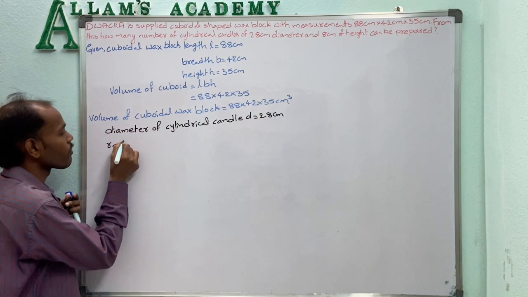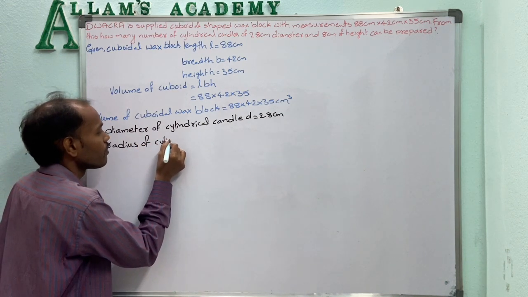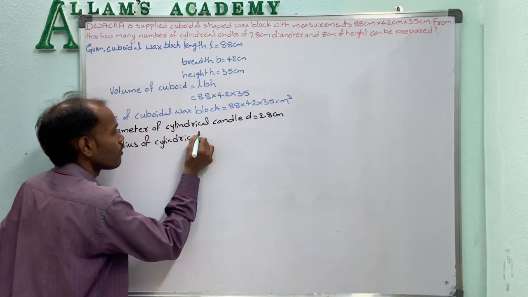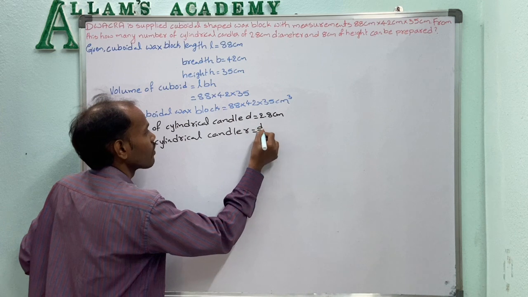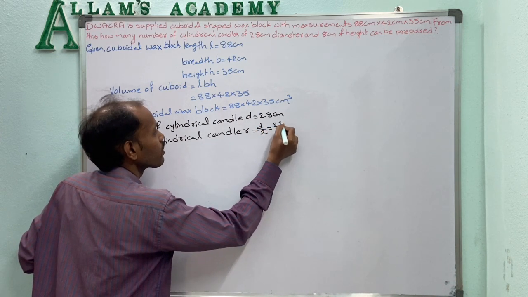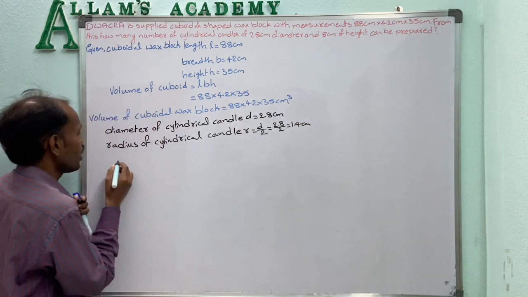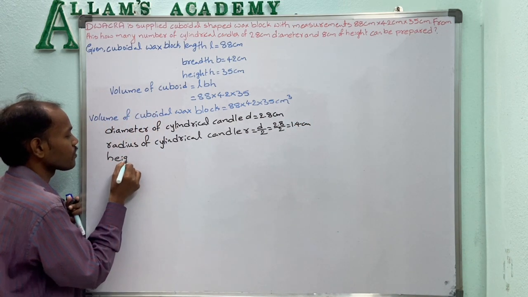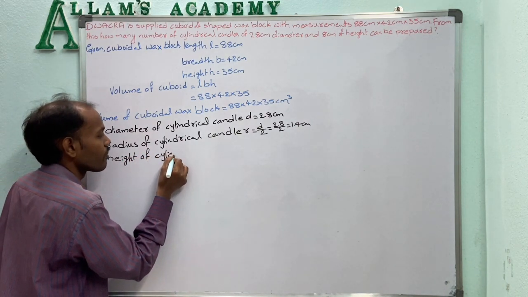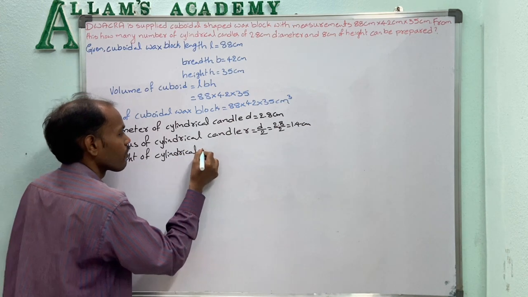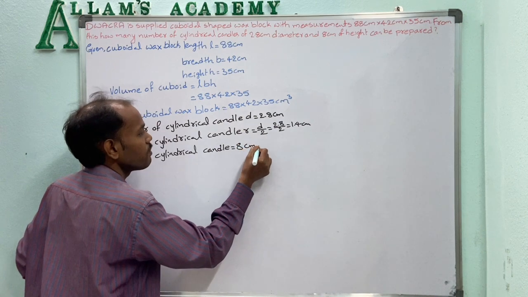So now its radius, radius of cylindrical candle is equal to diameter to half, that means 2.8 by 2 equal to 1.4 centimeters. Now height of cylindrical candle, that is 8 centimeters given.